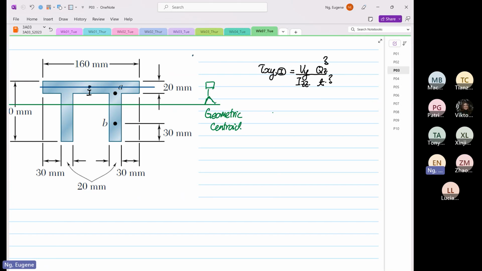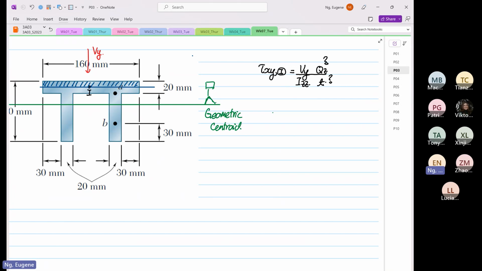And then the first moment of area is this area over here, I'm shading now. This is pretty straightforward because we know that Vy is coming from the top. That is the area that we are interested in.